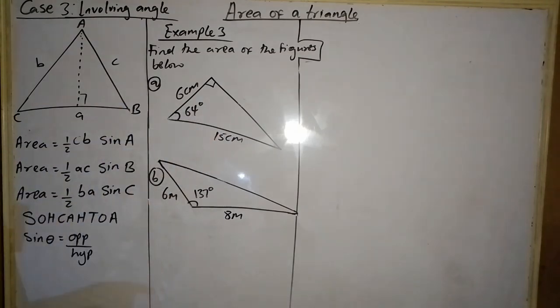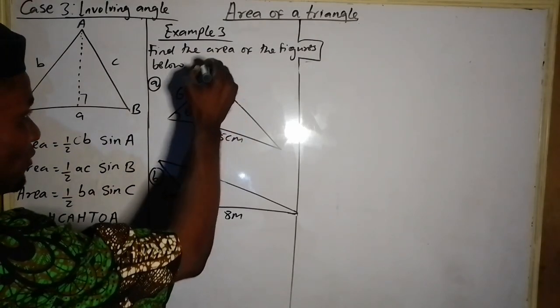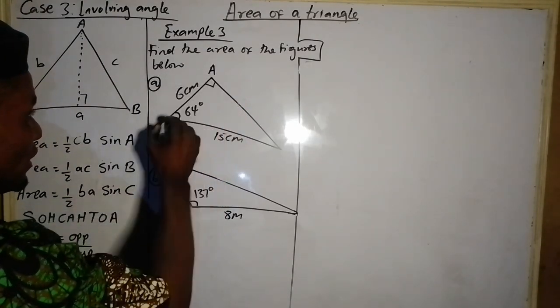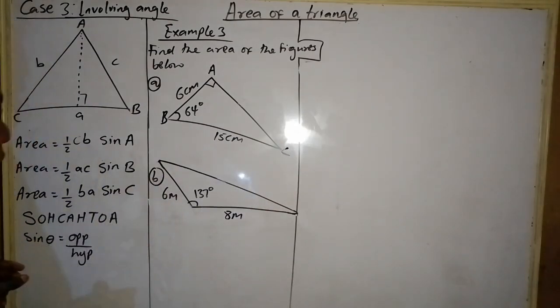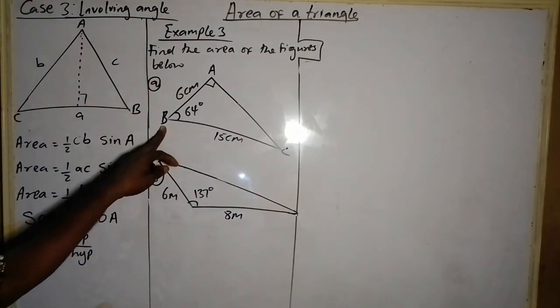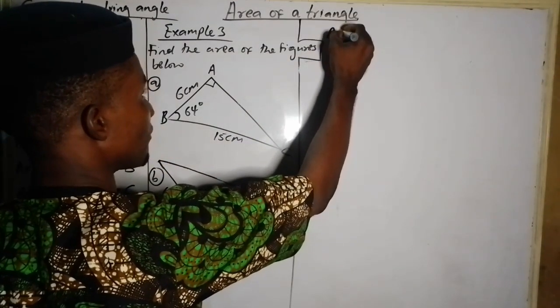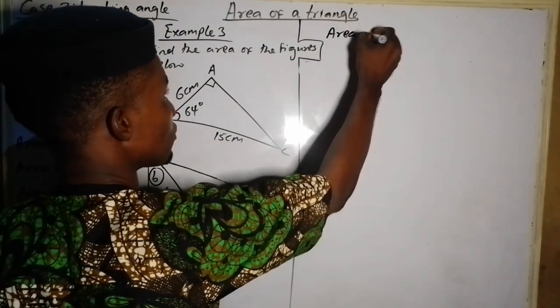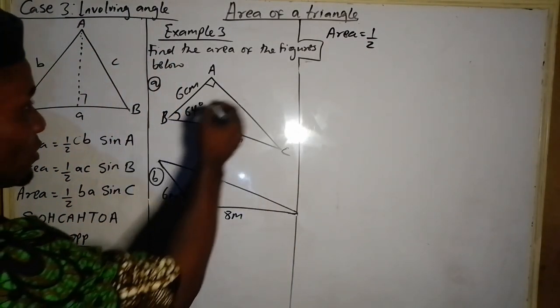Before we find the area of the triangle given here, we need to label our angles. We have angle A, B, and C. Now, where is the angle given? It is given at angle B. So we can say our area is equal to half, that's 1 over 2. And don't forget, wherever your angle is facing is your side.